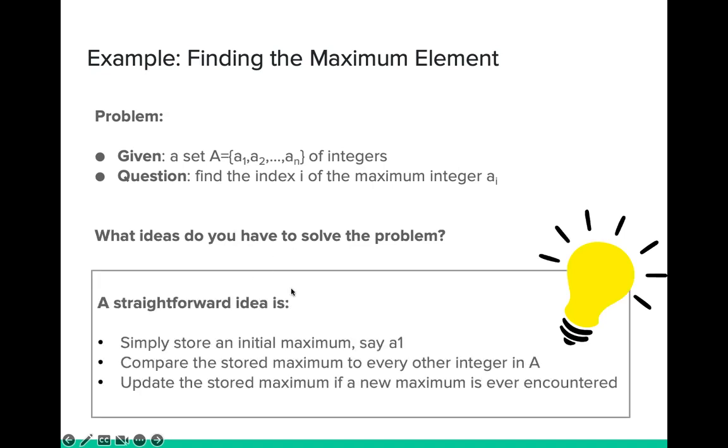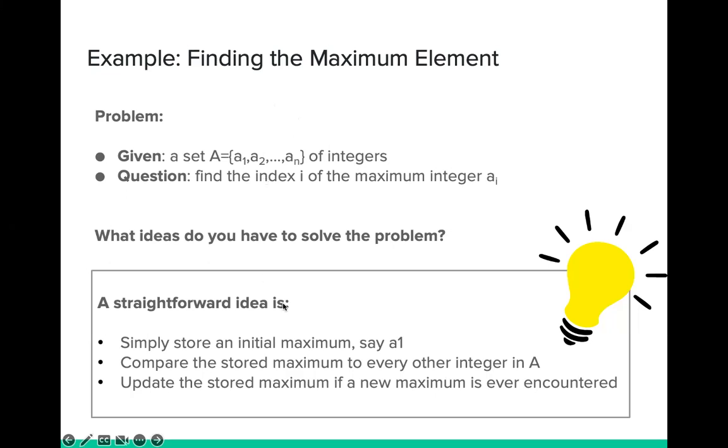Okay, so what ideas do you have to solve the problem? A straightforward idea is to simply store an initial maximum A sub 1. So we will assume that the first element is the maximum, and we will compare the stored maximum to every other element or integer in the set A. So assuming that A sub 1 is the initial maximum, we are going to compare that to A sub 2, to A sub 3, to A sub 4 until A sub n.